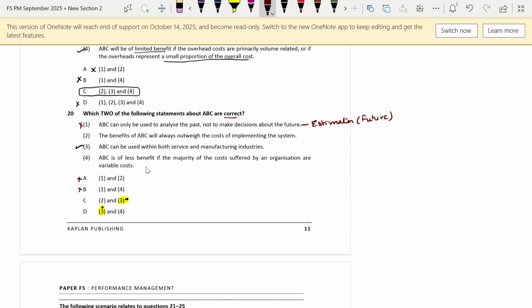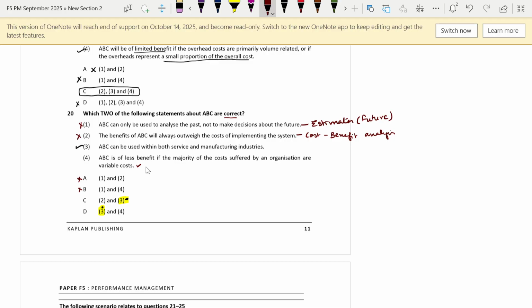The benefits of ABC will always outweigh the cost of implementing the system. Are we doing cost benefit analysis here? No. ABC is of less benefit if the majority of costs are variable costs. If the majority of cost is overheads, there is more benefit. If variable cost is more, then what is the purpose?